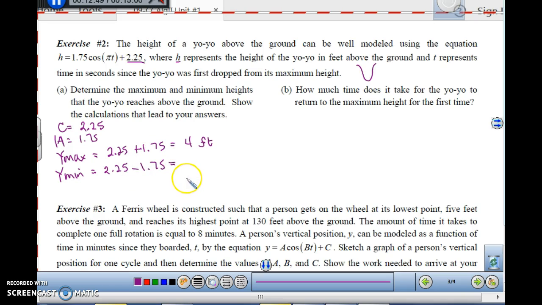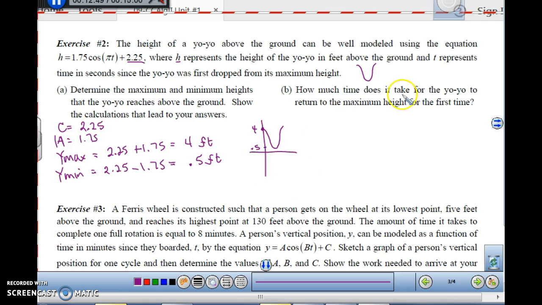And then 2.25 minus 1.75 is 0.5 feet. All right, so what we have just sketched here is this. We started at 4 feet, and it came down to 1/2 foot and then came back up.